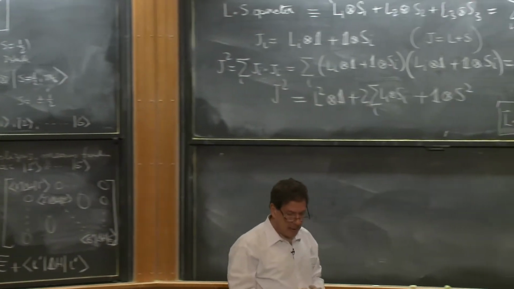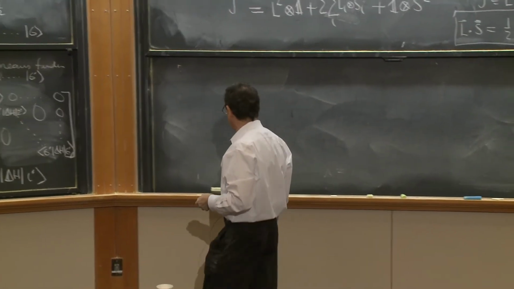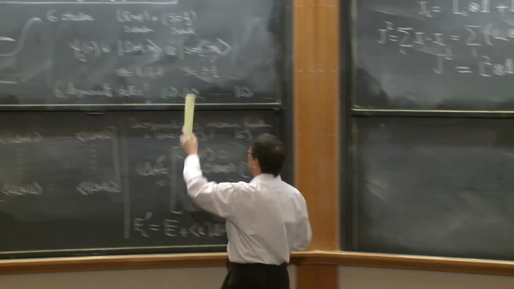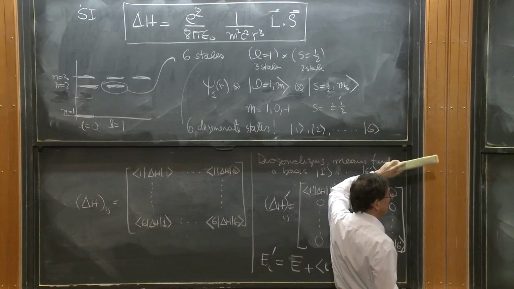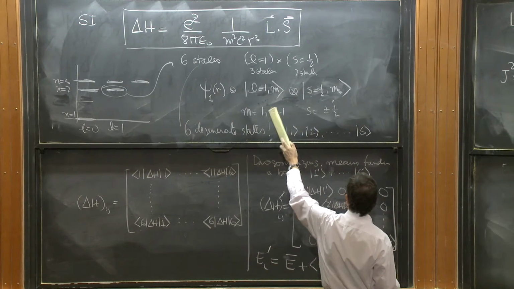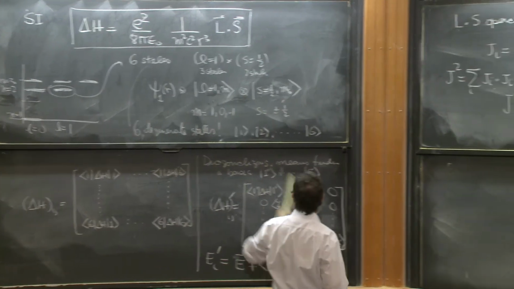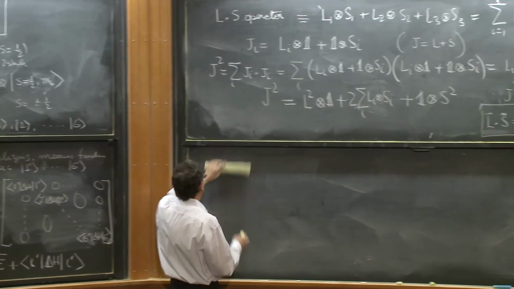And all the uncoupled states are eigenstates of L squared and of S squared. They're not eigenstates of L dot S, and they're not eigenstates of J squared, which is the same thing. But these uncoupled states are eigenstates of L squared and S squared.